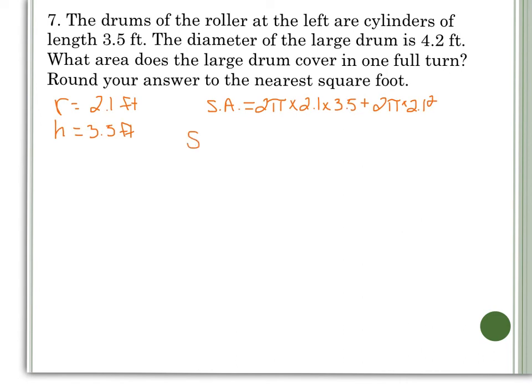All right, and let's simplify. So we have 2 pi times 5.6 plus 2 pi times 4.41. And then simplifying again, we have 11.2 pi plus 8.82 pi.